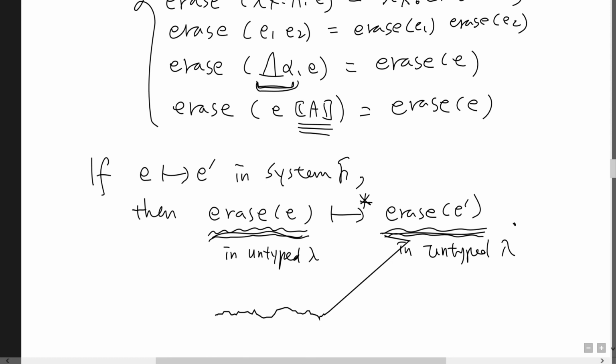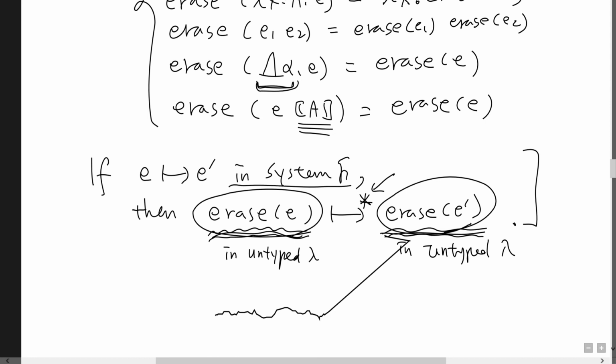So we have to use this reflexivity just in case that these two erased expressions are identical. So this erase function actually even respects the reduction in system F, and it correlates this reduction in system F with the reduction in untyped lambda calculus.